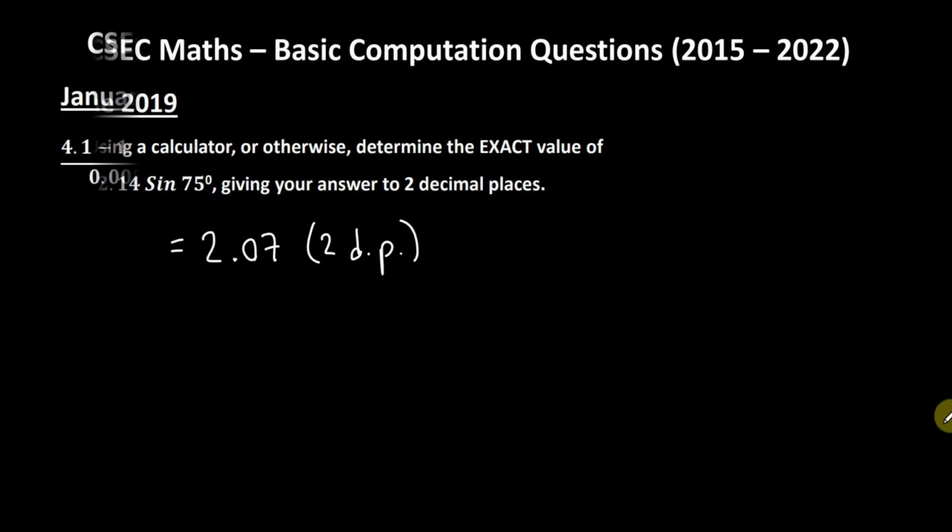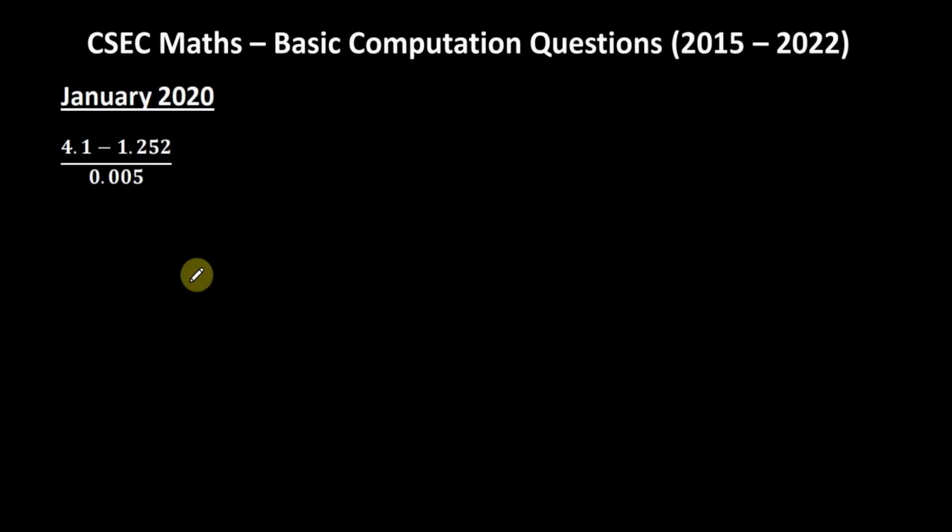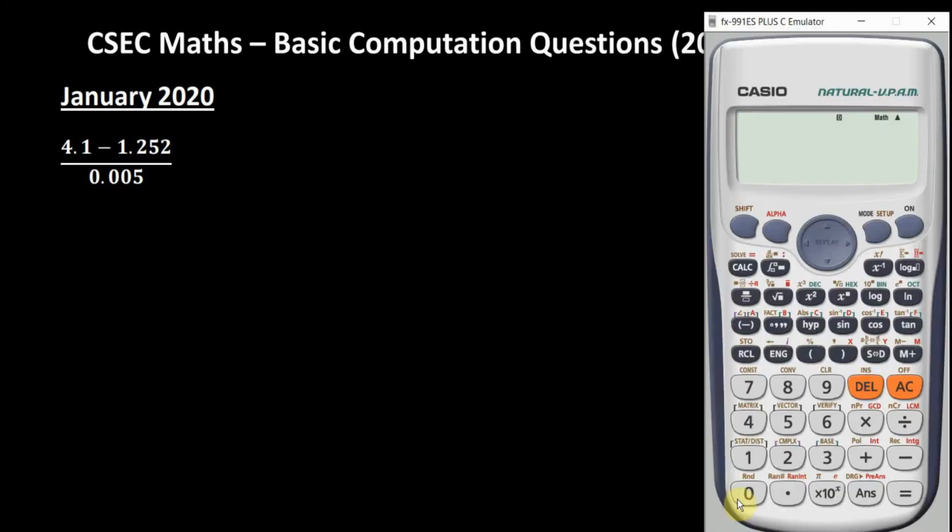We're going to our next question, and here we're at, guys, and again we're going to use our calculator to aid us with this one, and there we go. So we want to use our fraction option here, and in our numerator we have 4.1 minus 1.252.